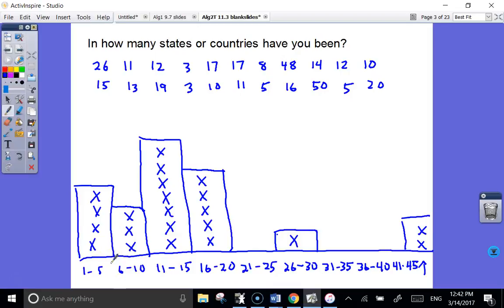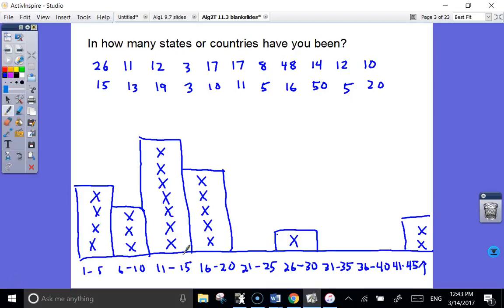If that was what your categories were, there's no reason they'd be in order necessarily. Blue doesn't have to go before brown, right? You could switch the order. But 1 through 5 has got to go to the left of 6 through 10. So when you make a histogram, the rectangles should be touching each other, which kind of implies continuity.